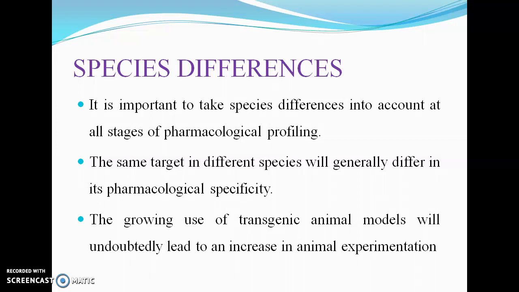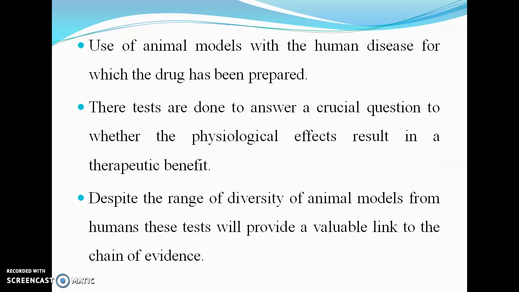Nowadays transgenic animal models are used, where by manipulating the gene, the disease is generated from birth. We use this model with the human disease for which the drug has been prepared, because it answers a crucial question: whether the physiological effect results in a therapeutic benefit or not.